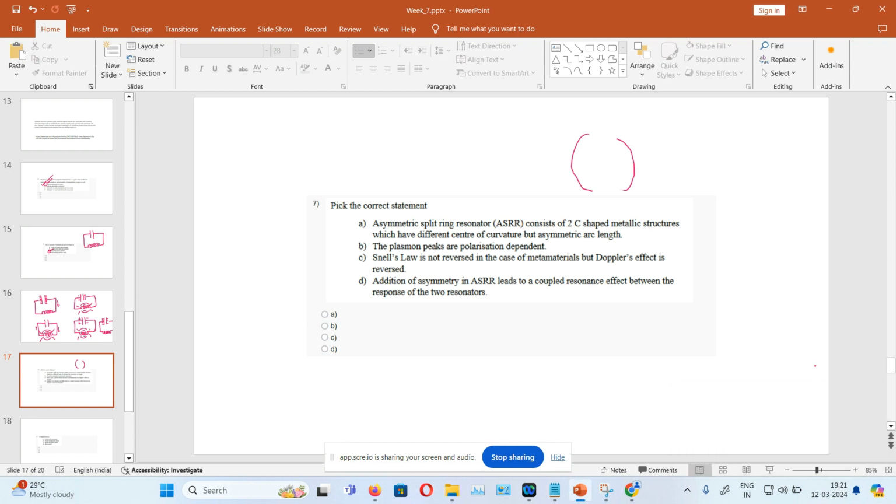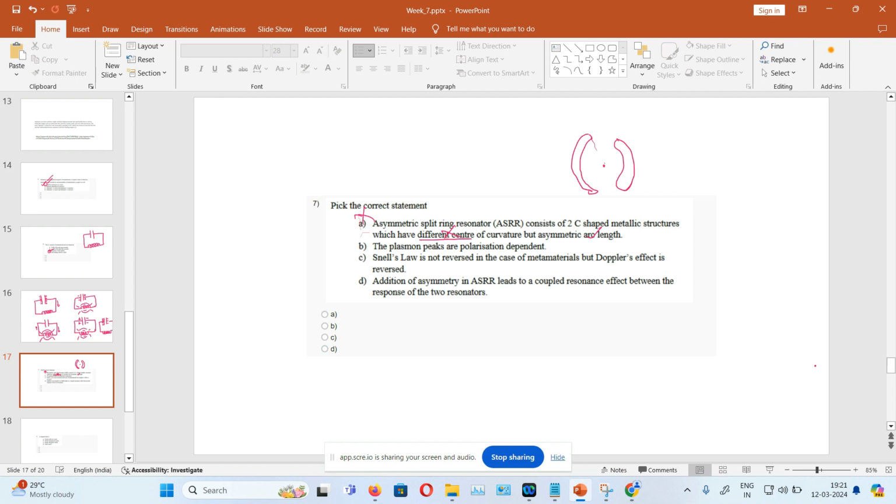It will have two ring-like structures with the same center of curvature, but the arc length will be different. So asymmetric arc length is correct. Different center of curvature is wrong. So this statement is wrong.